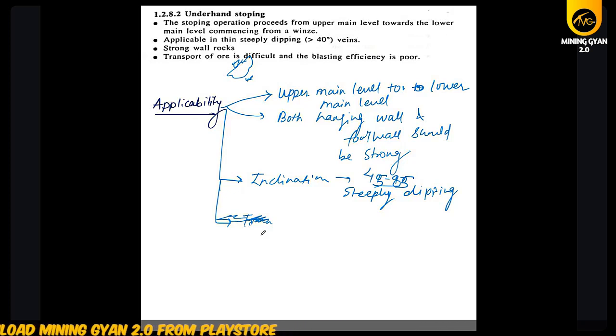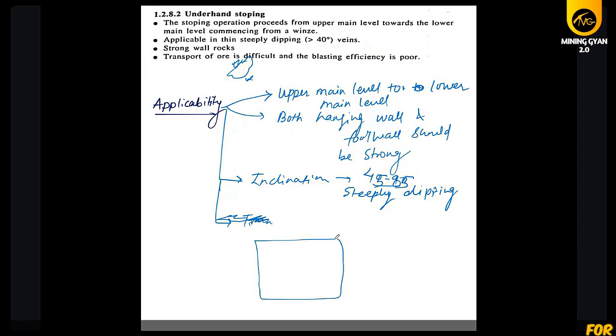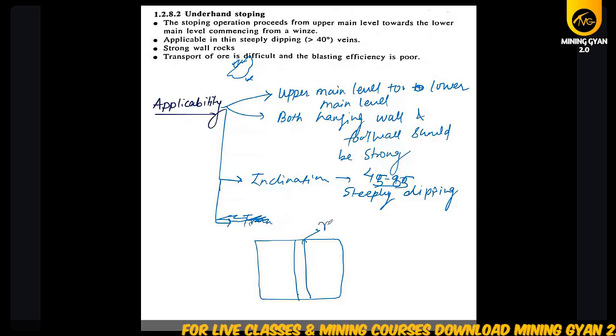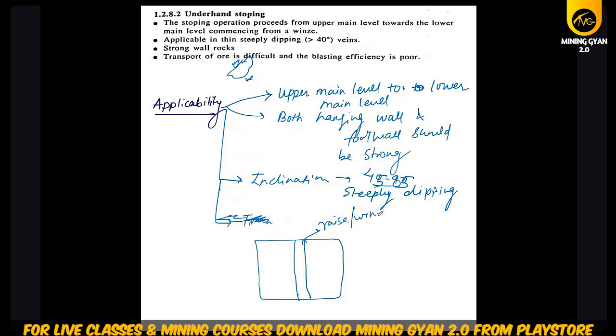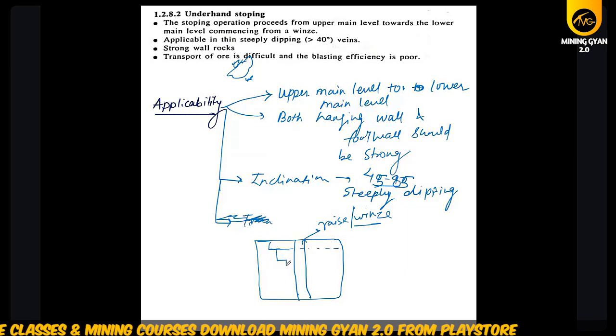Okay, now come to the method. So this is our ore body or stope. We divide it into parts with the help of raise or winze, depending on which type we have created. Then in this method we come here like this.